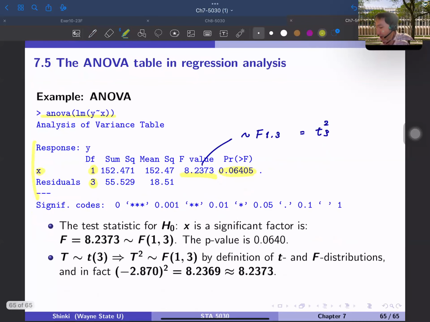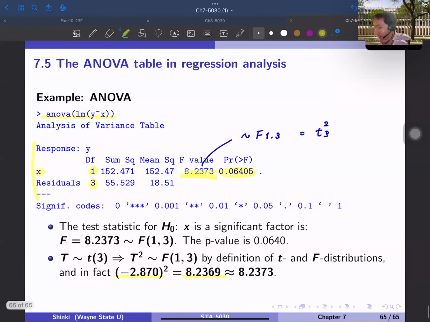In the previous page, the t statistic is negative 2.87. If we square this, then that becomes 8.237. So it's the same as this. Maybe we have some rounding errors, but yeah, basically we do the same thing.